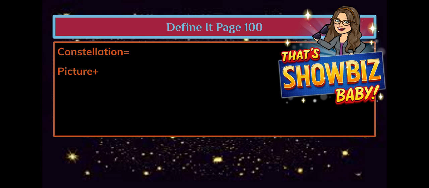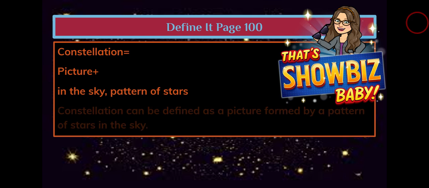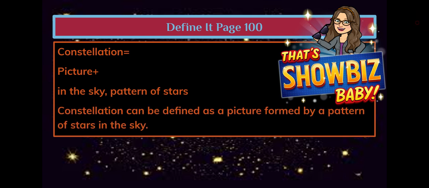Attributes are things like size, shape, color, texture, and function. Attributes of constellation are that it is in the sky and it's a pattern of stars. So constellation can be defined as a picture formed by a pattern of stars in the sky.